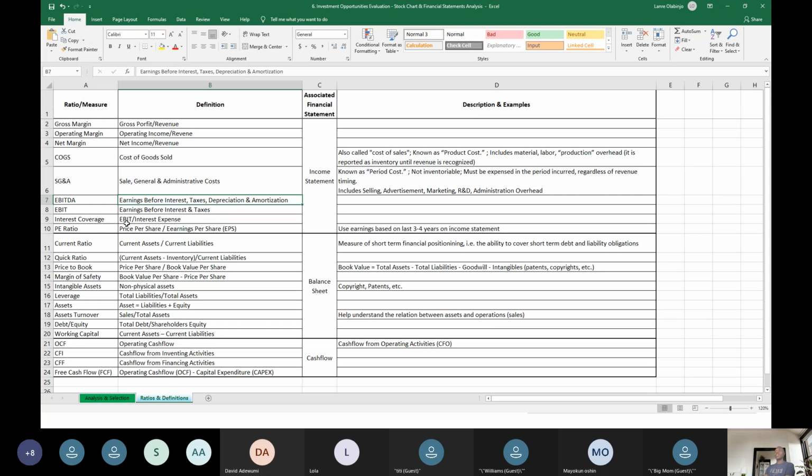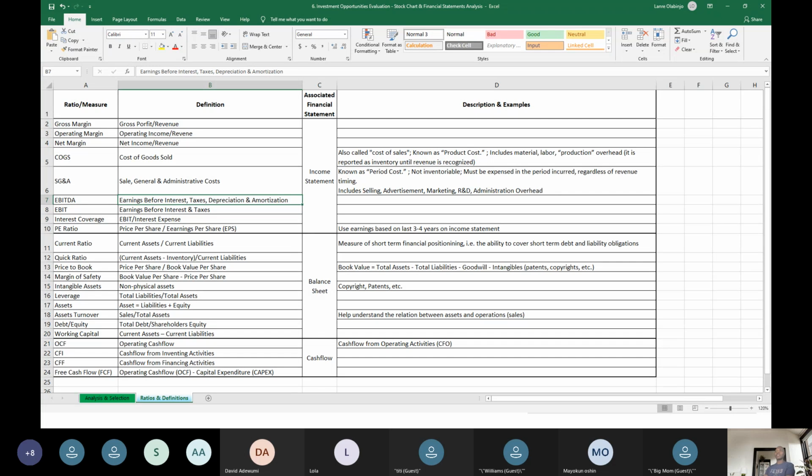So interest coverage, that's an important point actually. The interest coverage is, do they have enough money to cover their interest expense if they borrowed money? At least the earnings before interest and taxes. Remember, they have not paid interest at that point. If you remember the slide that I showed us originally, EBIT means earnings before they pay their interest and taxes.